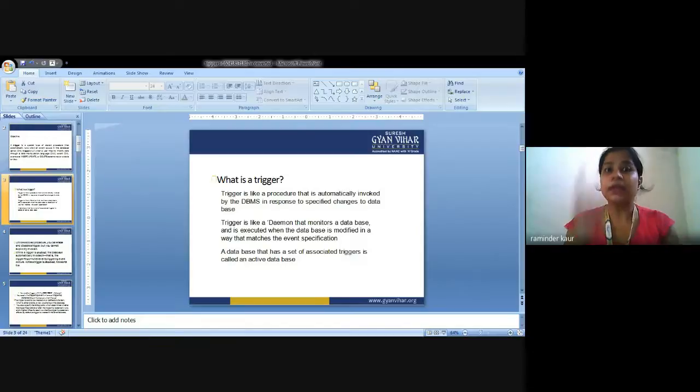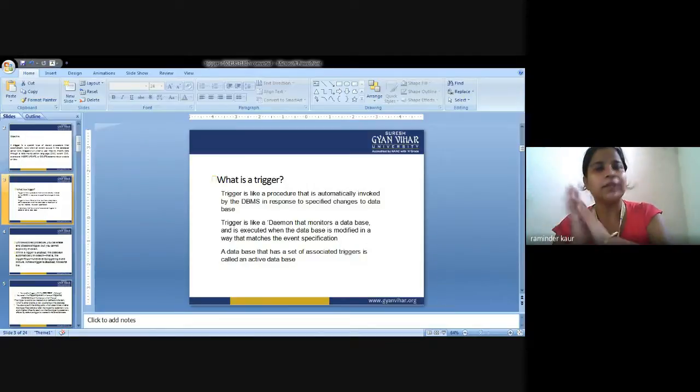Again, I am repeating, DML triggers can cascade changes. We have already discussed cascade changes in the previous lecture. However, these changes can be executed more efficiently using cascading referential integrity constraints.